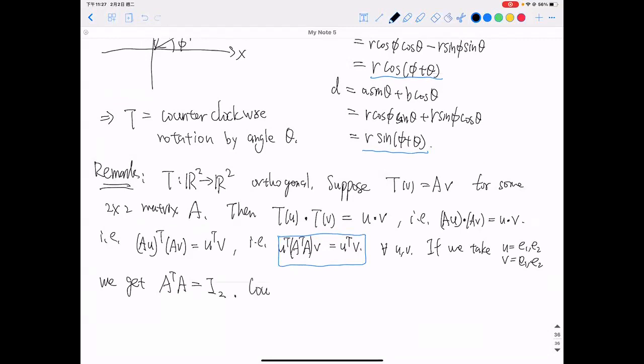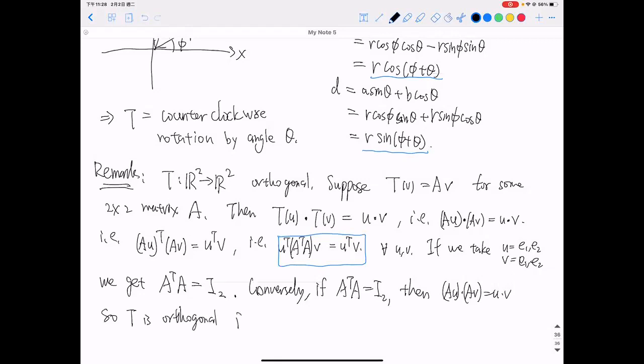Conversely, if A transpose A is equal to the 2 by 2 identity, then reversing the argument I just did, we get that AU dot AV is U dot V. So the statement is that T is orthogonal if and only if the corresponding matrix A satisfies this property: A transpose A is equal to the identity.